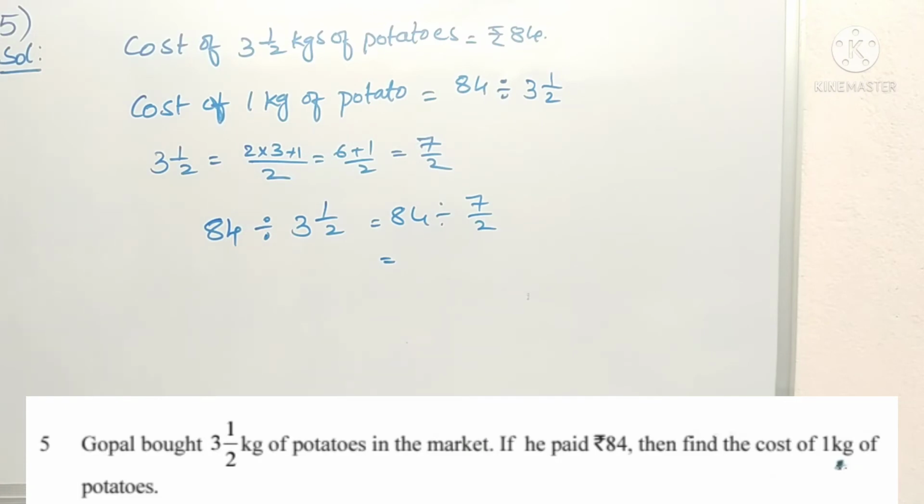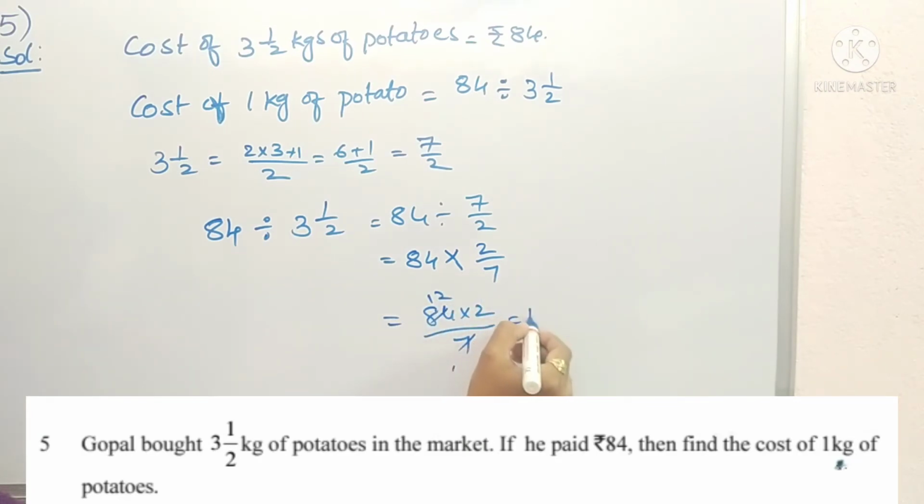So in our review exercise we calculated this type of problems. 84, in the place of division into, then this fraction will reverse. That means we will write the reciprocal, 2 by 7. So 84 into 2 by 7. So 12 sevens are 84, right?